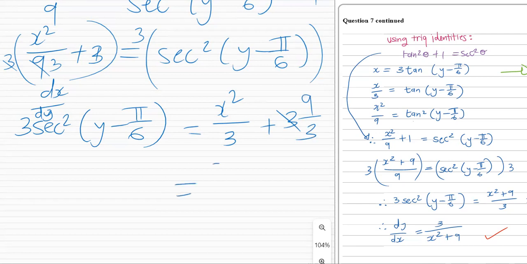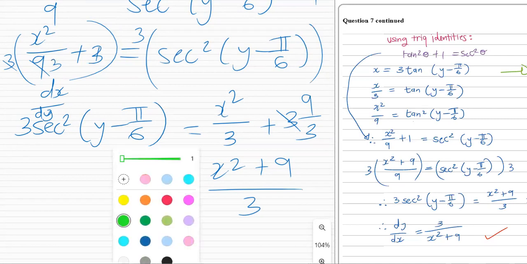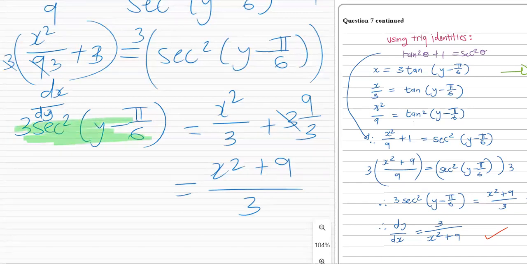So we end up with x squared plus 9, all over 3. You can see on the left-hand side that this is what our dx/dy looked like, so we know that the right-hand side is the same thing. So this is our dx/dy.